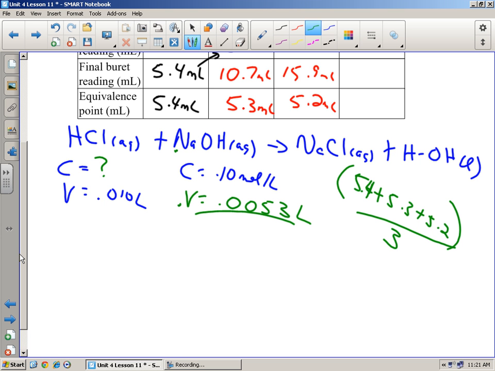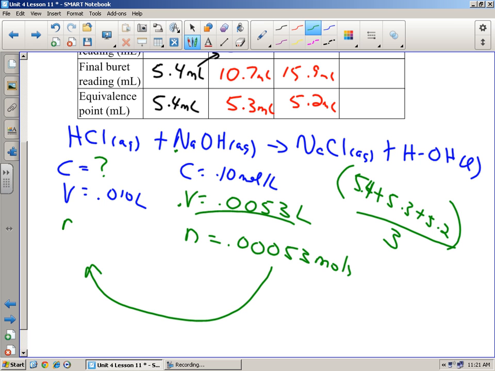okay? I got C and V, I can find N, right? So it works out to be 0.00053 moles. I can move that over, right? If I had 0.00053 moles of base, I probably had to use 0.00053 moles of acid, right? It's a 1-to-1 ratio.